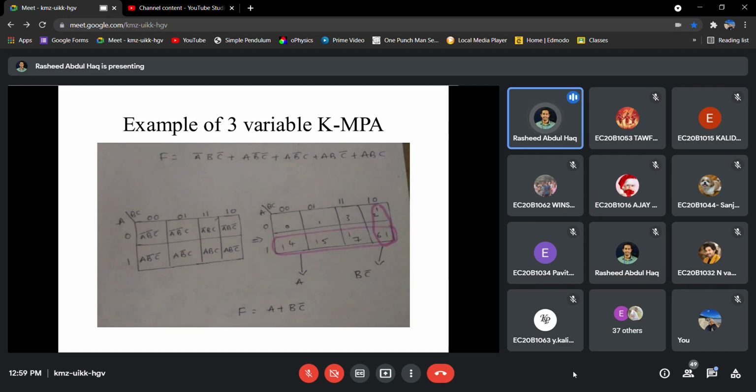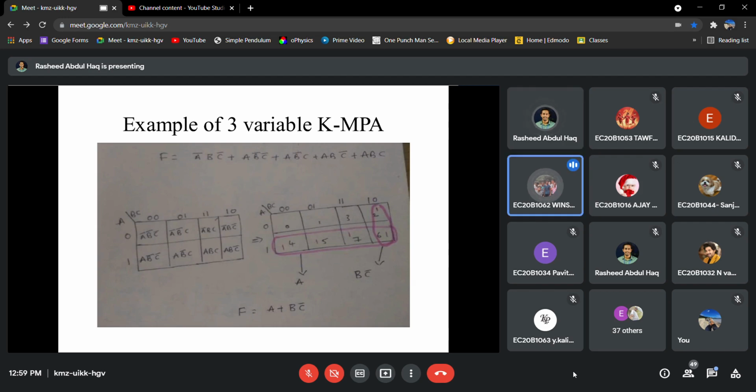Then the rest of the outputs are 1 for the next 4 values. So that is the second row, all are 1s. Now how we group is that we group into 2s, 4s. So first, these 2 ones are grouped and then the next 4 ones are grouped.